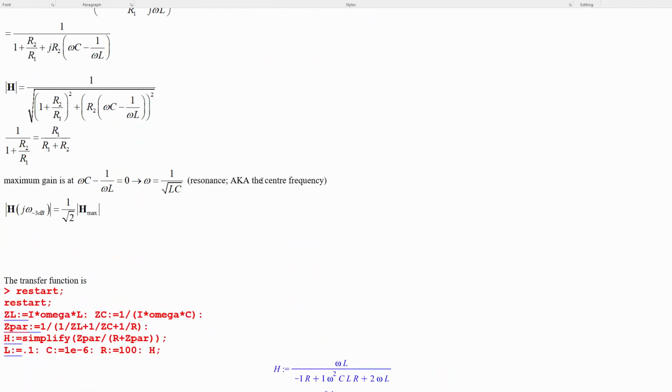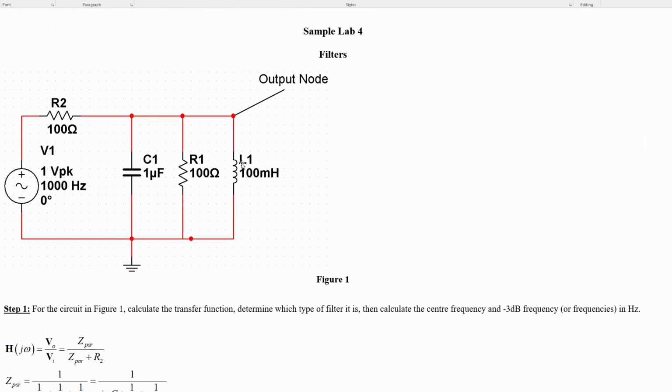and negative pi by 2 at the really high frequency end compared to the input. So when the inductor is dominating things, then we've got negative 90 degrees for the output voltage compared to the input. When the capacitor is really dominating things, we've got positive. Oh, wait, hold on.